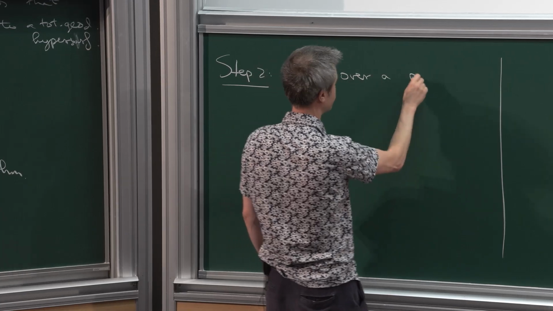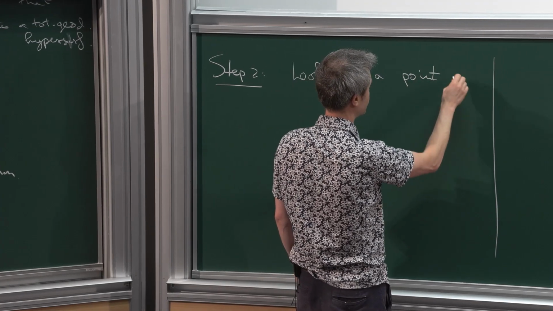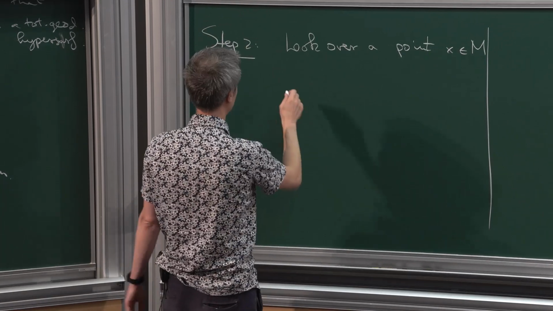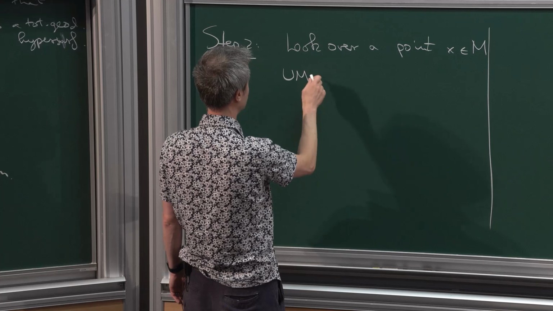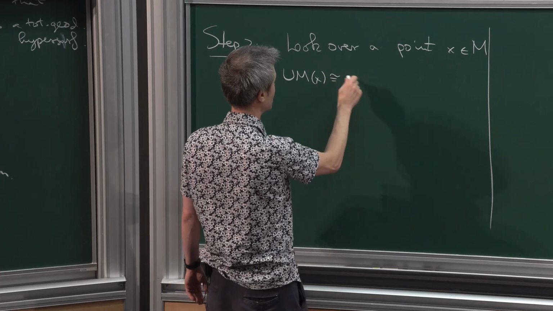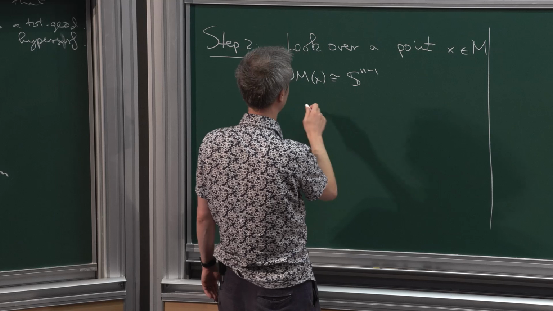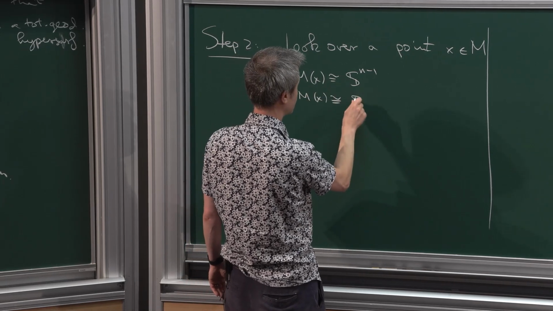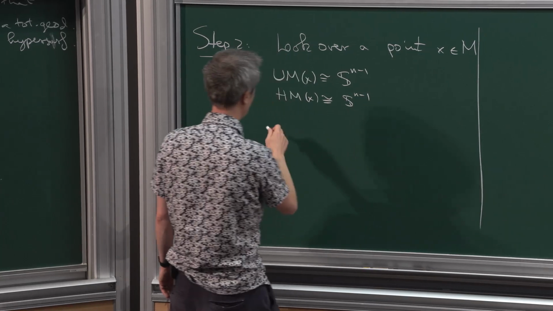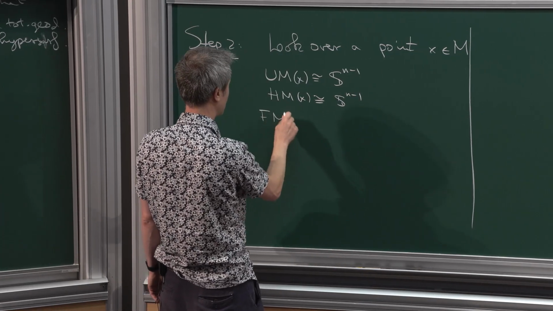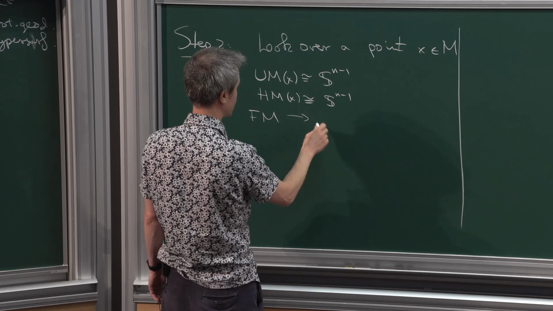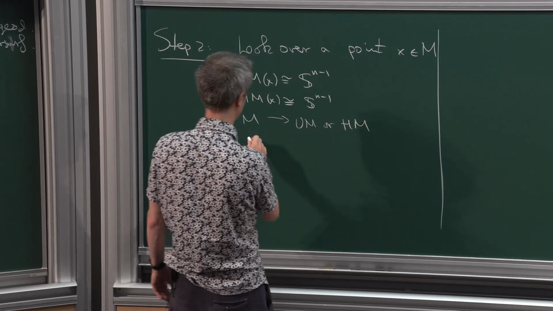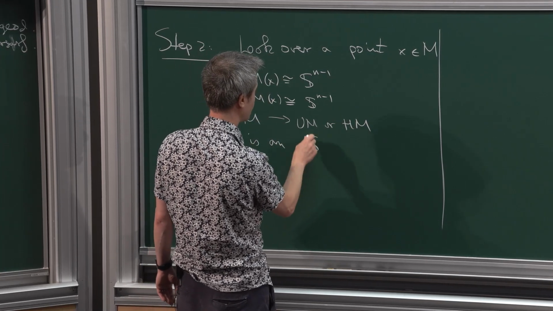So we look over a point, let me say x in M. Then the fiber UM of x is isomorphic to the n-1 sphere, and the same thing for HM of x, that's an n-1 sphere. And FM over either of these, UM or HM, is an S^(n-2) fibration.